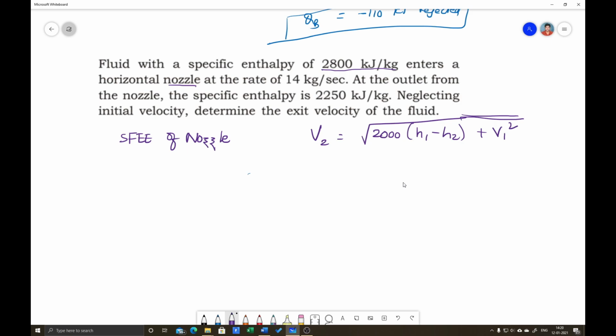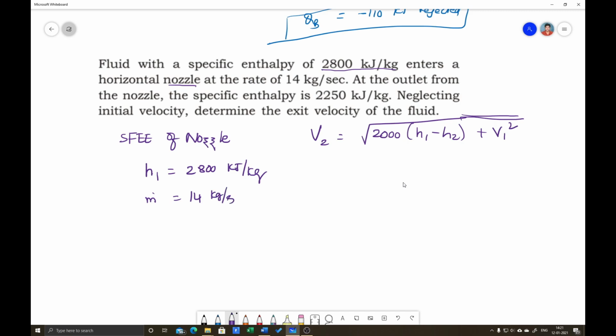So here it is saying fluid with a specific enthalpy, H1 is 2800 kilojoule per kg, enters a horizontal nozzle at a rate of, here m dot is given as 14 kg per second.